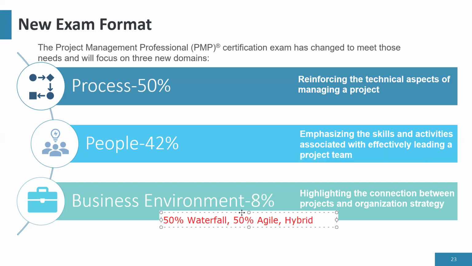For business environment, 4% of your questions will be the business environment in a waterfall setting, and 4% of the exam will be the business environment in an agile or hybrid setting. So this is how you're going to be tested. The full exam is 180 questions, so you could actually do the maths. Basically, 90 questions are going to come from processes. And that's why we really need to understand the processes, right? Develop project charter. What is the process about?